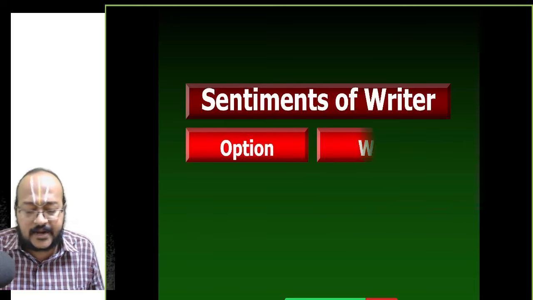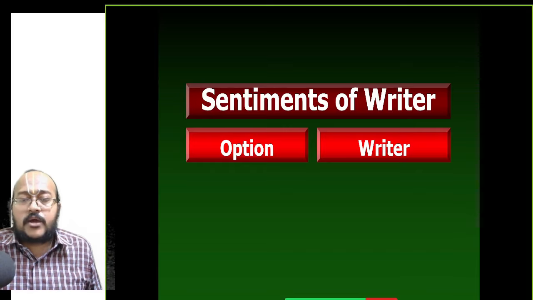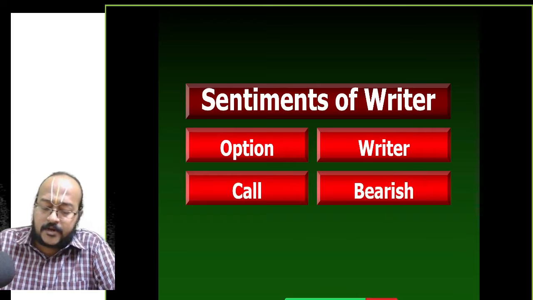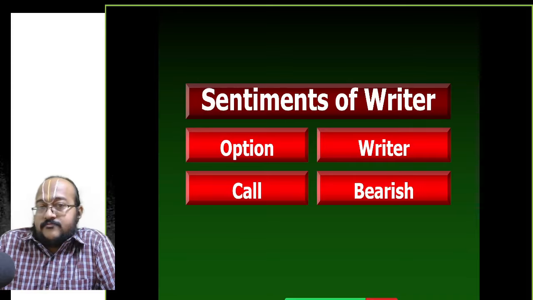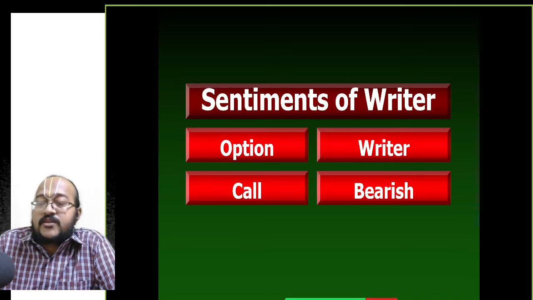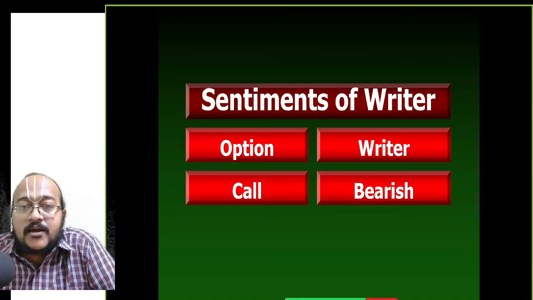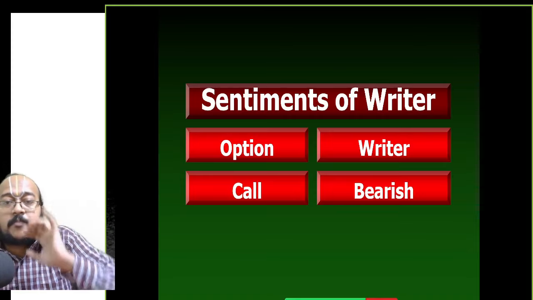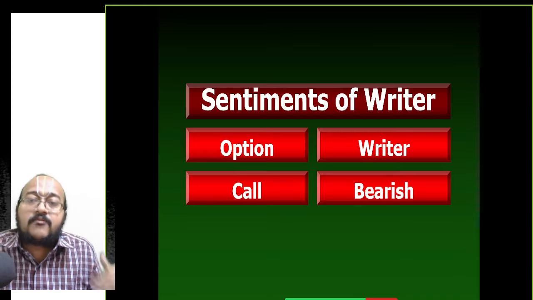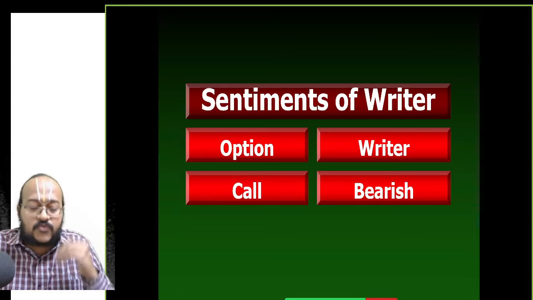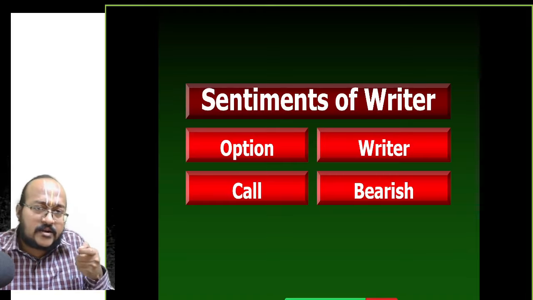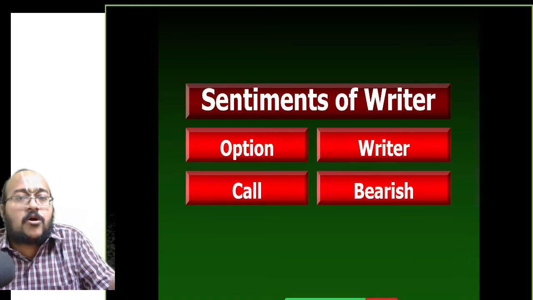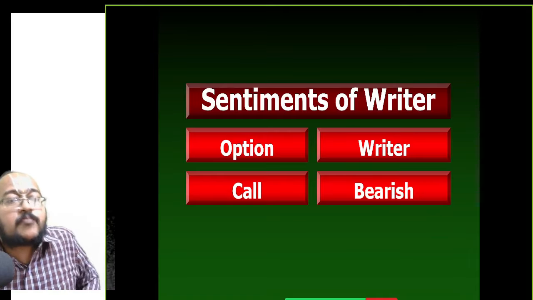Sentiments of the writer. What will the writer do? When he thinks the share price will go up, what will he do? He will enter into a call option or put option. Put option. If he thinks the share price will go down, it will be beneficial for the other party. So what will he do? He will take the opposite position. So for a writer, when he enters into writing the call option, he is bearish about the price.